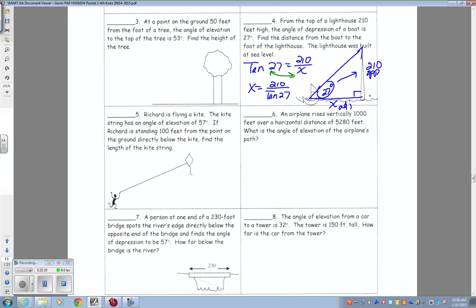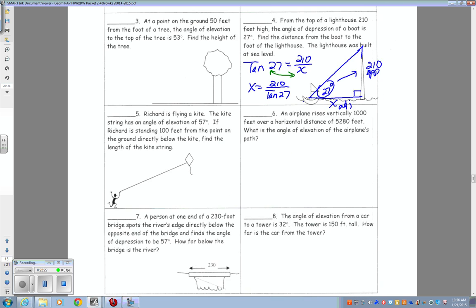All right, so let's look at 6 then. An airplane rises vertically 1,000 feet over a horizontal distance of 5,280 feet. I know there's no picture. Just get used to making sure that the picture you draw is some type of right triangle. We know the vertical is 1,000 feet. The horizontal is 5,280 feet.